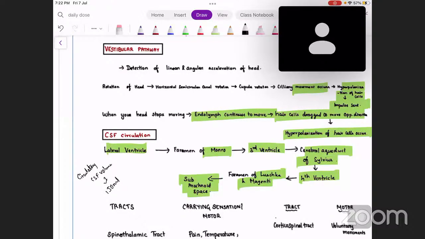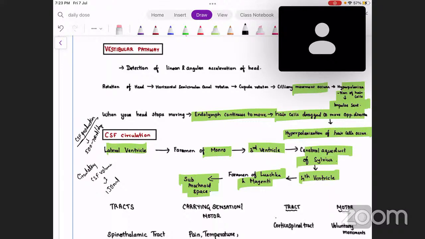And how much amount of CSF is produced per day? 500 to 700 ml per day will be produced. Among that, circulating CSF volume is about 150 ml.